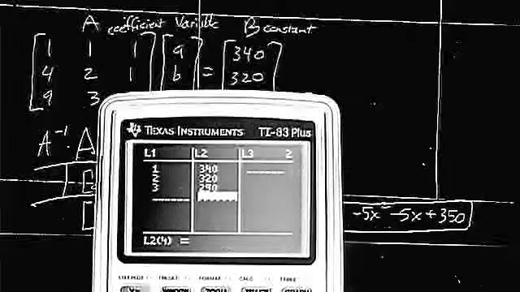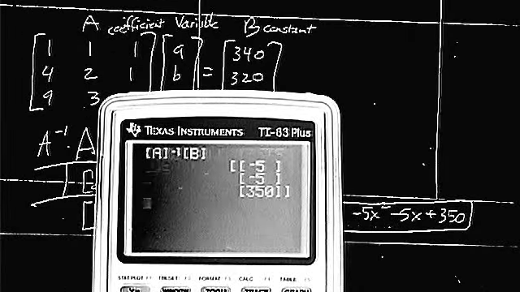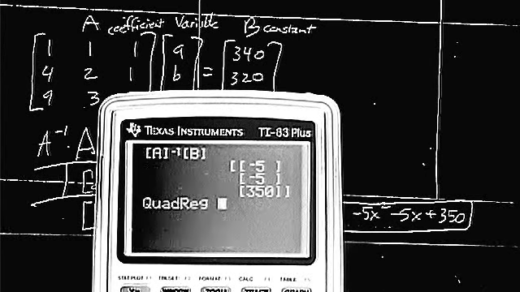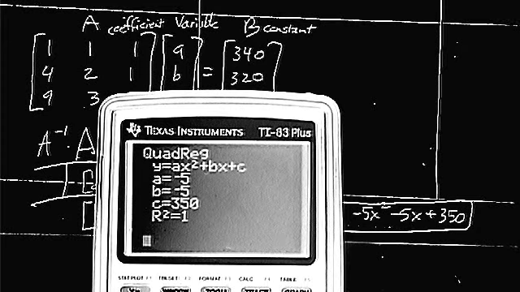We remember that under stat calculate there is the linear regression, but there's also quadratic regression. If we use that on list 1 and list 2, we can come up with those values as well. I know you're saying that's the easy way, but you need to know that there are multiple ways of handling situations, so we're going to make you use matrices as well.